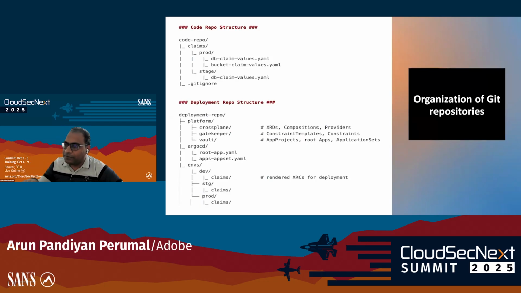Once the values.yaml files are built into the XRC or the infrastructure resource claims, they are placed under the environments folder. Under the platform folder, we have the manifest files for Crossplane, manifest files for Gatekeeper, Vault. So everything is codified. We maintain the configurations of Crossplane, Gatekeeper, Vault, Argo CD in terms of code in the Git repos.